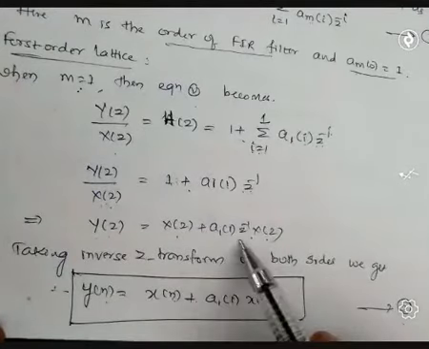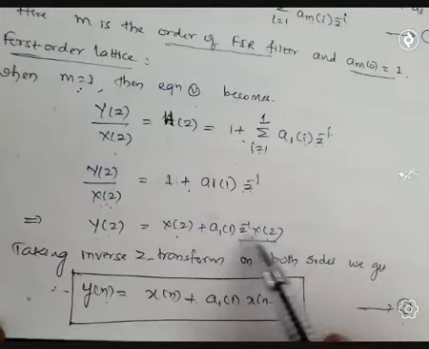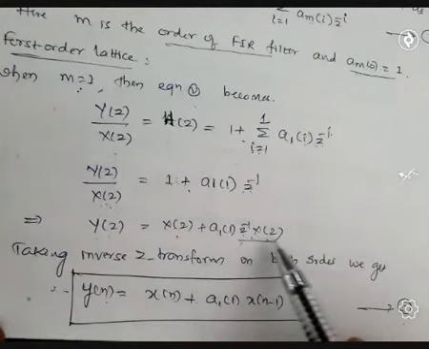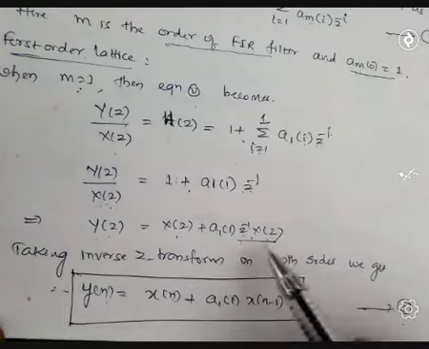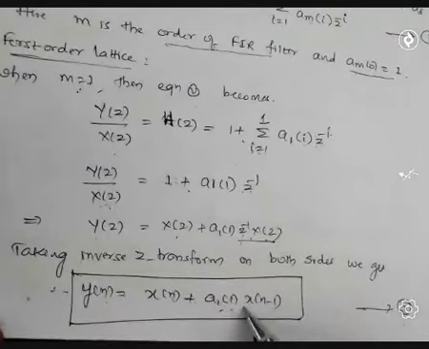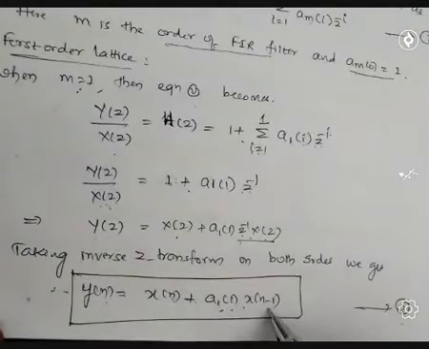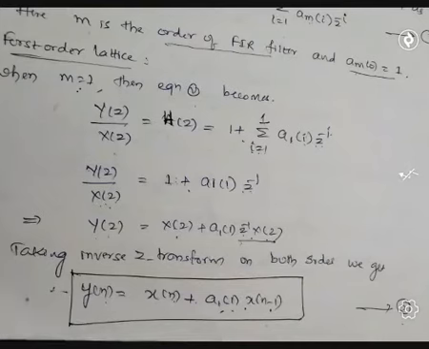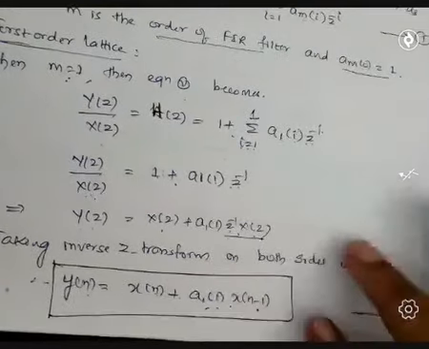The inverse z transform of z to the power minus 1 multiplied by X(z) is one time delay, that is a_1(1) into x(n minus 1). So this is about taking the inverse z transform for the equation.